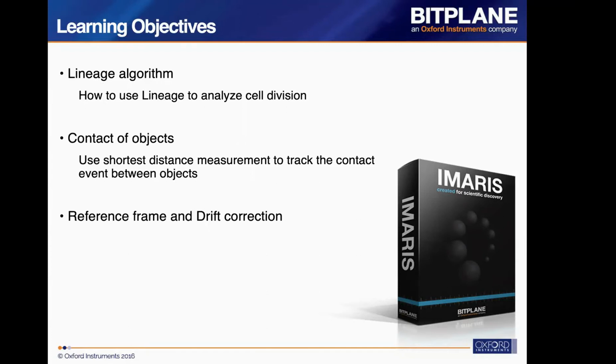Then we are going to cover how to use the shortest distance measurements to track the contact event between the objects. And the last one is how to use a reference frame to correct the drift in the tracking in time-lapse images, which is drift correction.